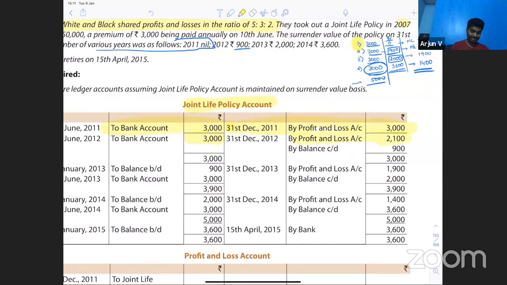It's an asset, therefore I'll have a closing balance. This closing balance becomes the opening balance for the next year. Then you'll add 3,000 again. Therefore, I have 3,900. Out of 3,900, this year's closing balance was 2,000.